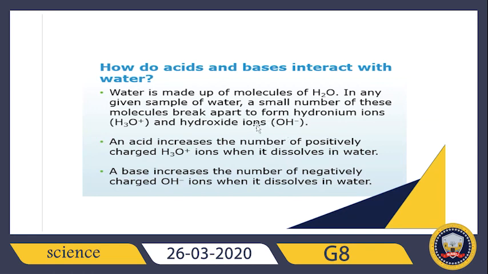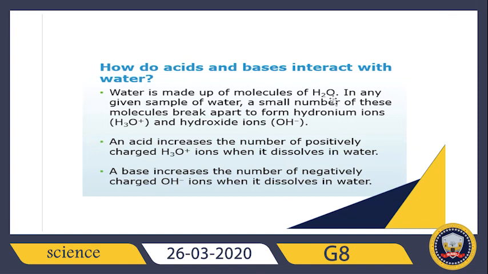In a cup of pure water, most of the molecules have the formula H2O, but a small number are ions, the hydronium ion and the hydroxide ion, produced when some of the water molecules break apart.